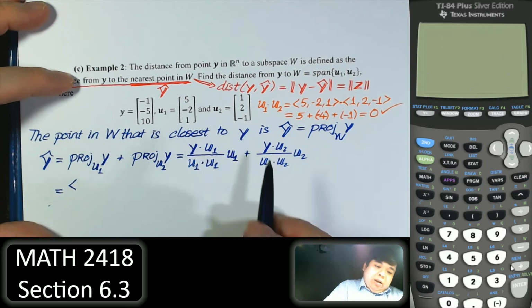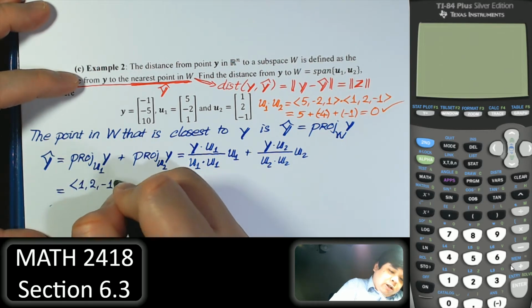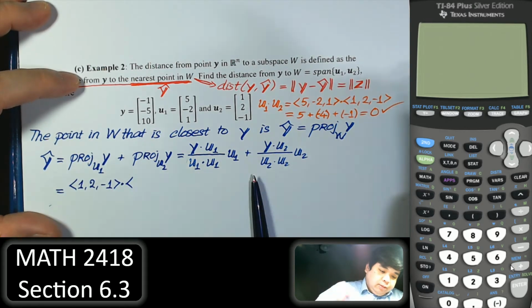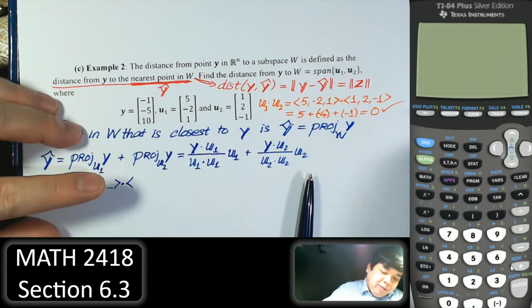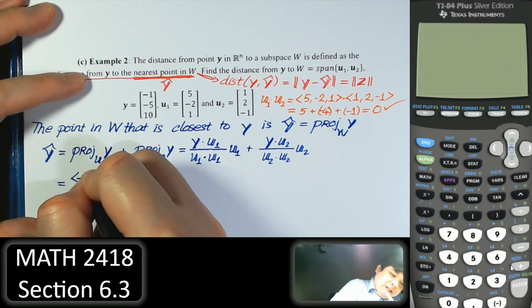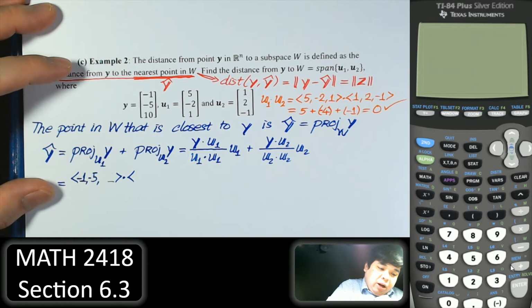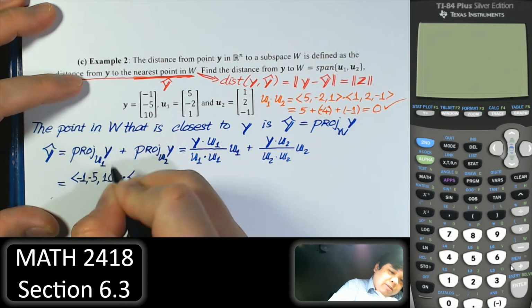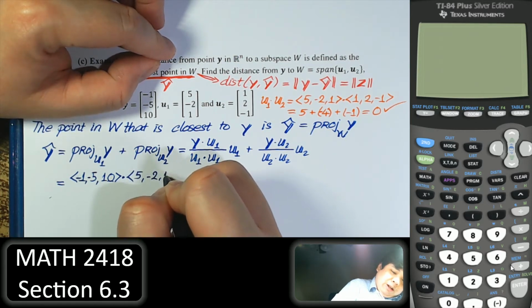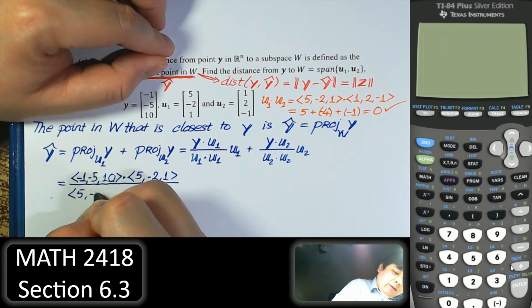Right, y is negative 1, negative 5, and 10. Sorry, this is y. And u1 is 5, negative 2, and 1, 5, negative 2, and 1.